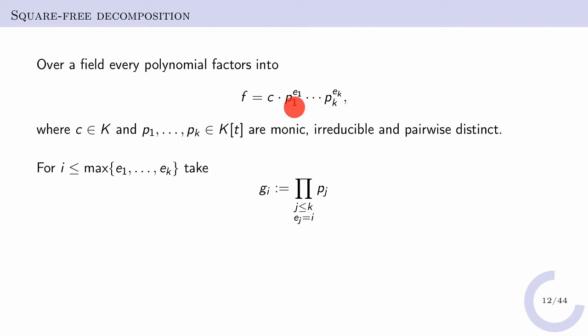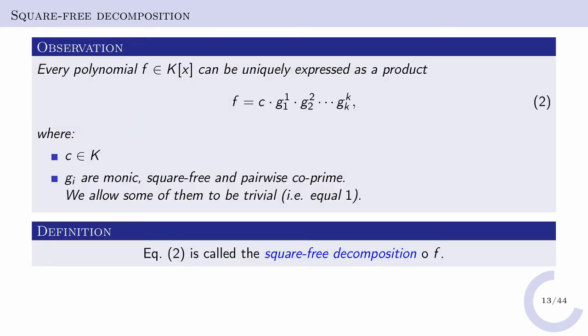So if we rearrange the terms in this product, gathering the irreducible polynomials of the same exponents, we get the following observation. We can write f uniquely in the following product. It's this constant, which we do not really care about; the constant is not important at all.